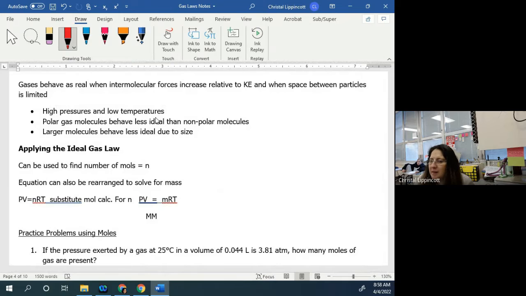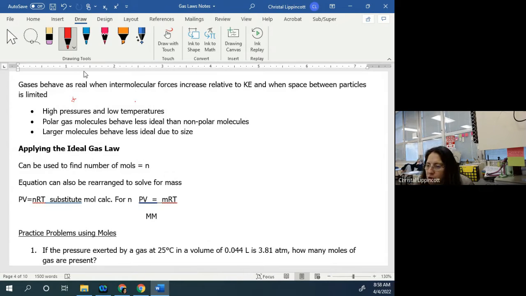Gases behave less ideally, or more real, when intermolecular forces increase. Okay, high pressure. So you're squeezing those particles really tight together. If you squeeze them tight together, that allows those IMFs to start taking effect.